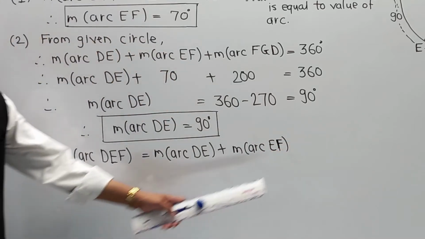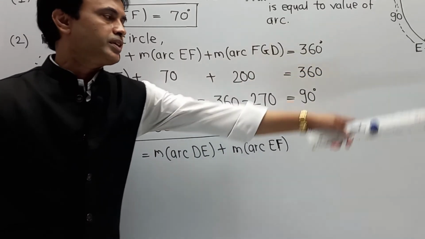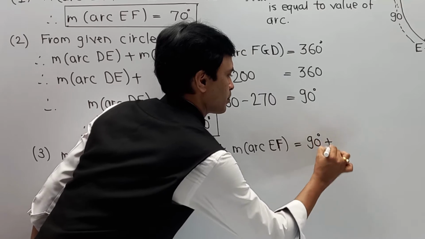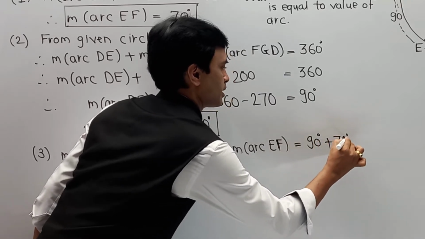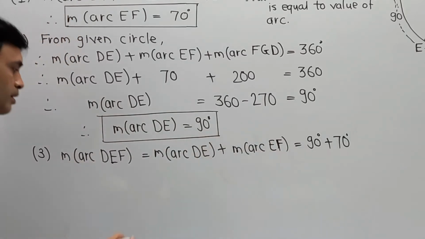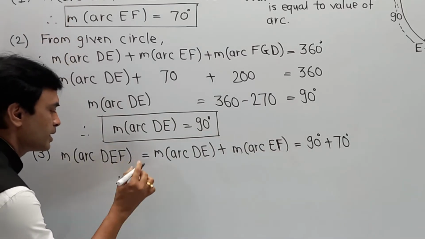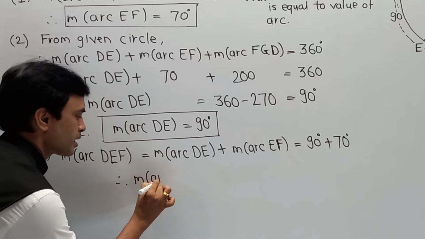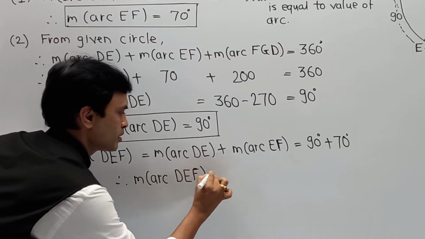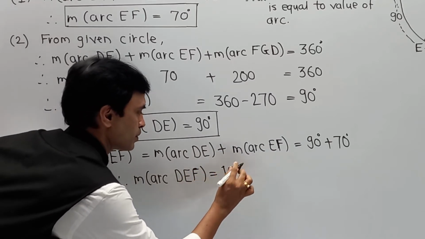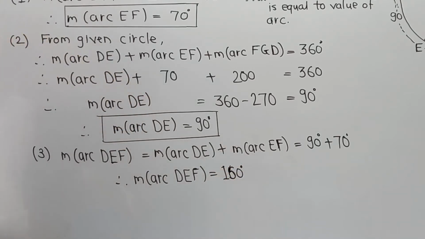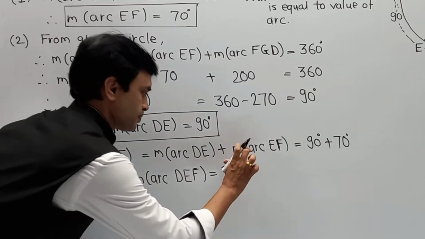Now major arc DE is 90 and EF is 70, so it becomes 90 degrees plus 70 degrees, and we know that 90 plus 70 is 160 degrees. So your final answer: major arc DEF is equal to 160 degrees.